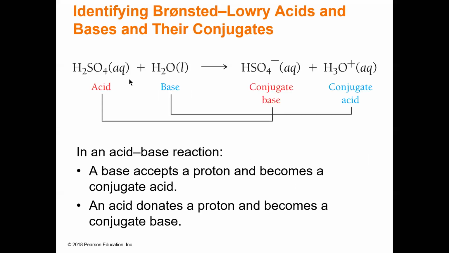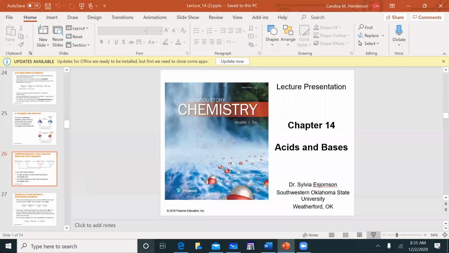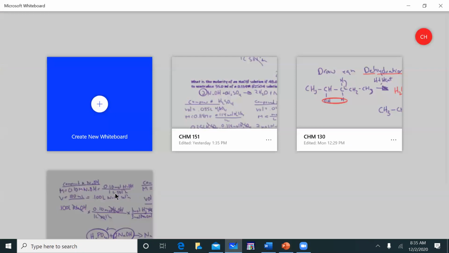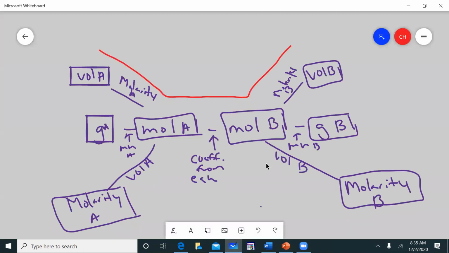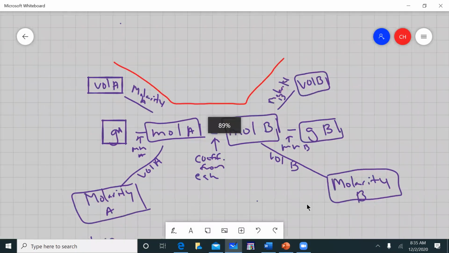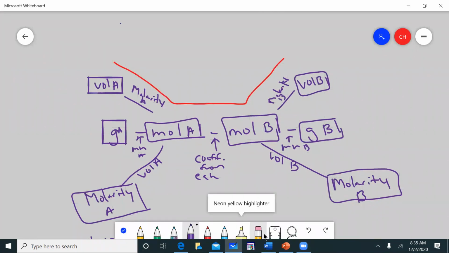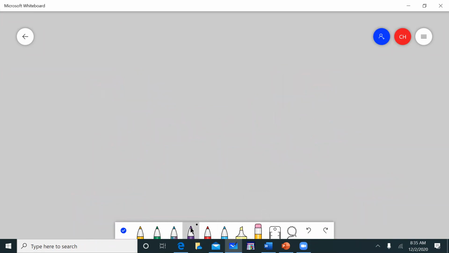Let's do a couple Bronsted-Lowry examples outside of this. I'll give you two.